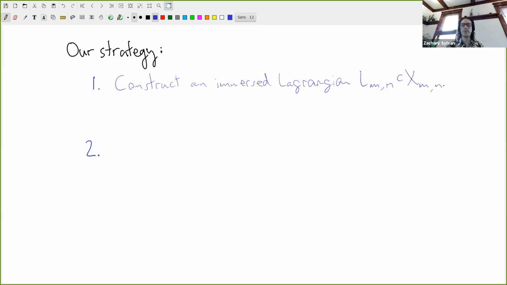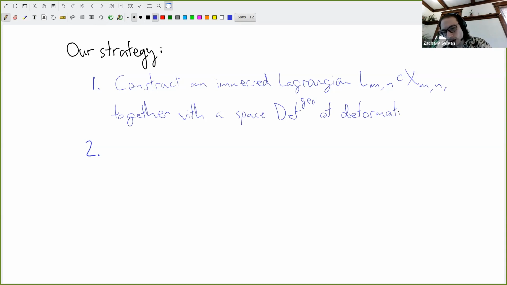And we're going to want to equip that with a space of deformation cochains, Def geo. These are going to be the geometric deformation cochains. All right, that's step one.